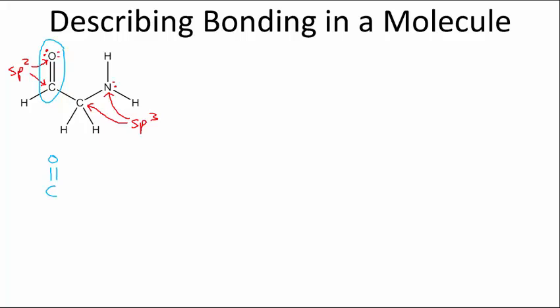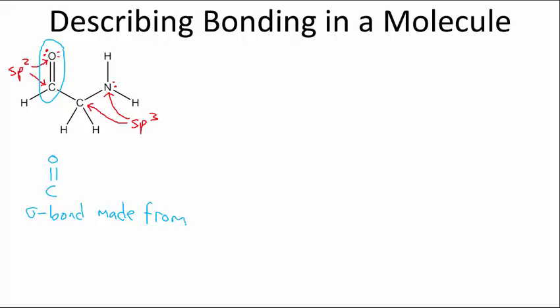Libby? A sigma and a pi. All right. So we have a sigma bond. What orbitals come together to make the sigma bond? An sp2 orbital from the oxygen and an sp2 orbital from the carbon.